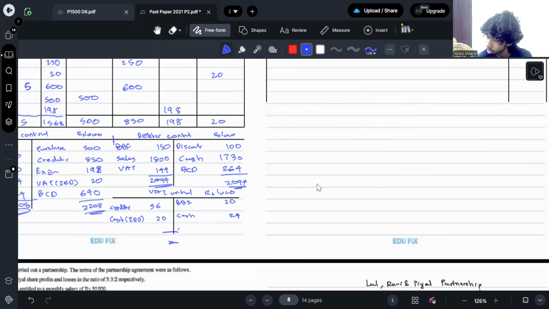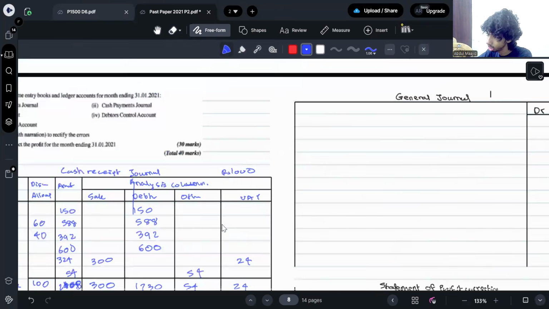Debtors account debit, VAT account credit. Debtor 144. Okay, total this: 20 plus 24 plus 144, 188. 188 minus 56 minus 20, 112. Okay, VAT control account balance 112.